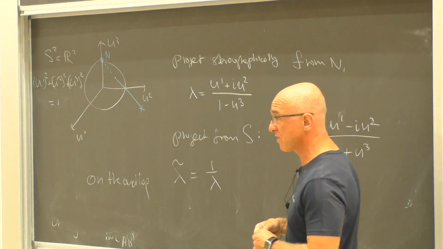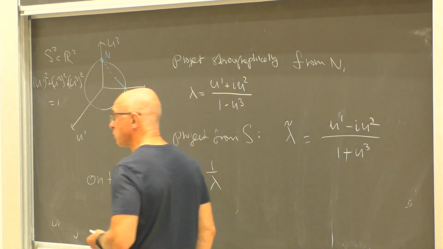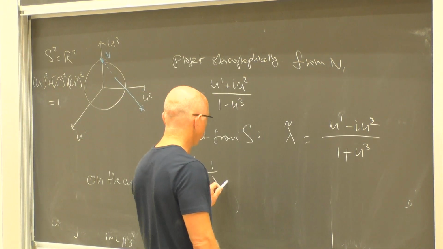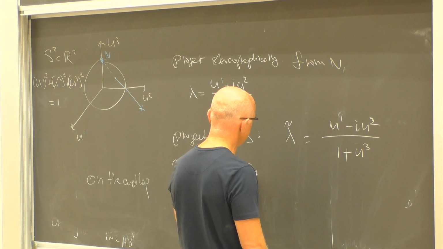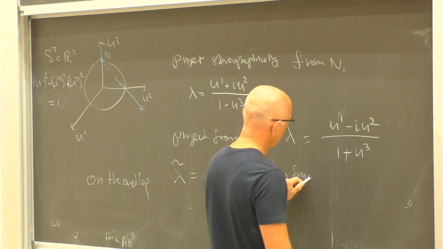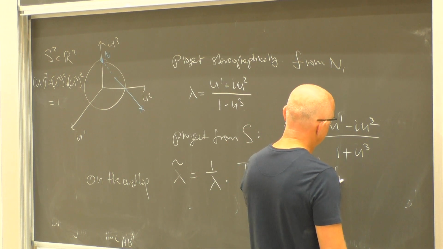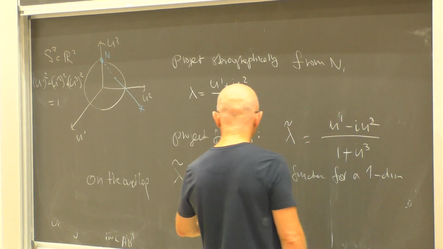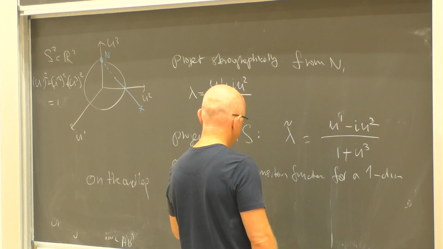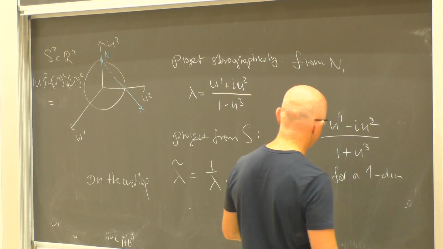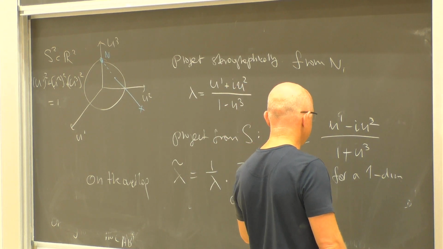The fact that it's holomorphic means that we've equipped the sphere with the structure of a complex manifold. So this is a transition function for a one-dimensional complex manifold, and this one is usually called the Riemann sphere.